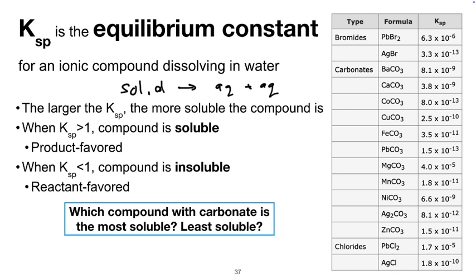When you multiply a small number by a small number, you get an even smaller number. So if we're looking at our K values, what you'll notice is that they are all really, really, really, really tiny. Okay? The smaller the number, the less soluble that individual species is.